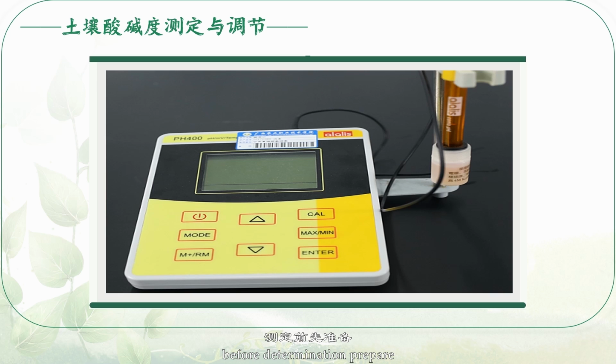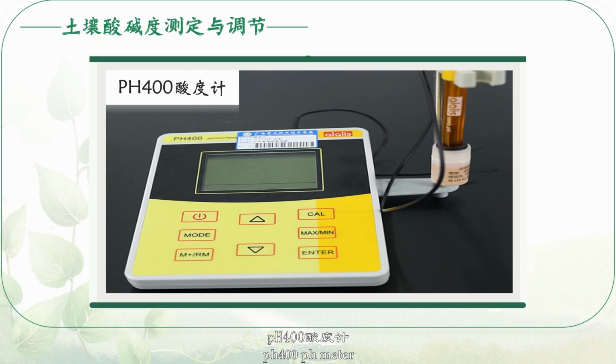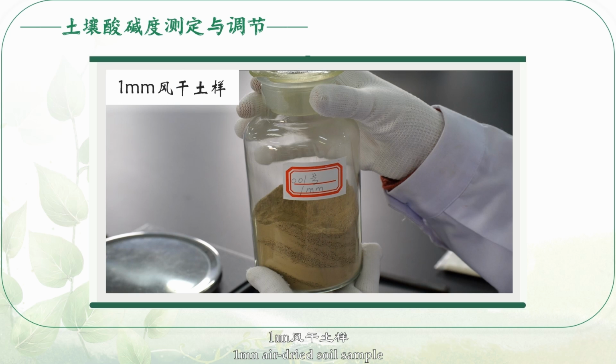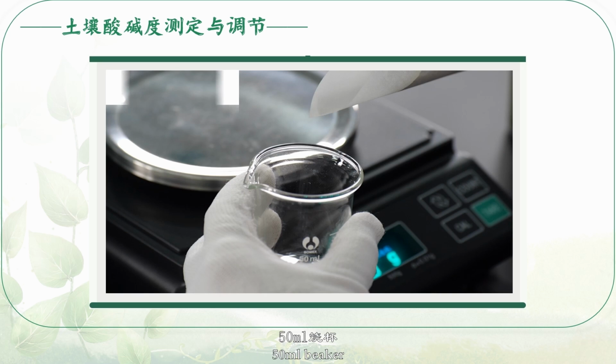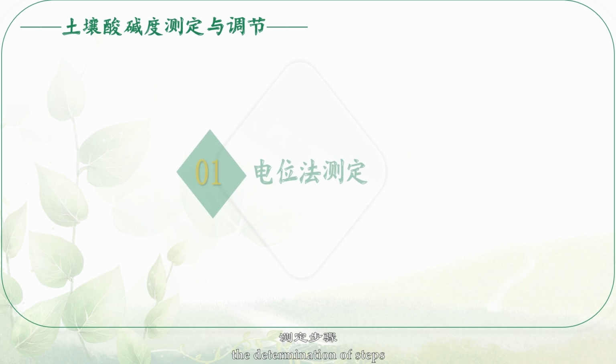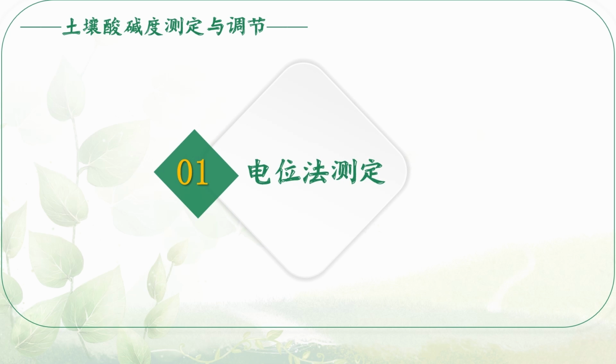Before determination, prepare a pH 400 pH meter, standard buffer solution, 1 mm air-dried soil sample, 50 ml beaker, and 25 ml measuring cylinder. The determination steps.